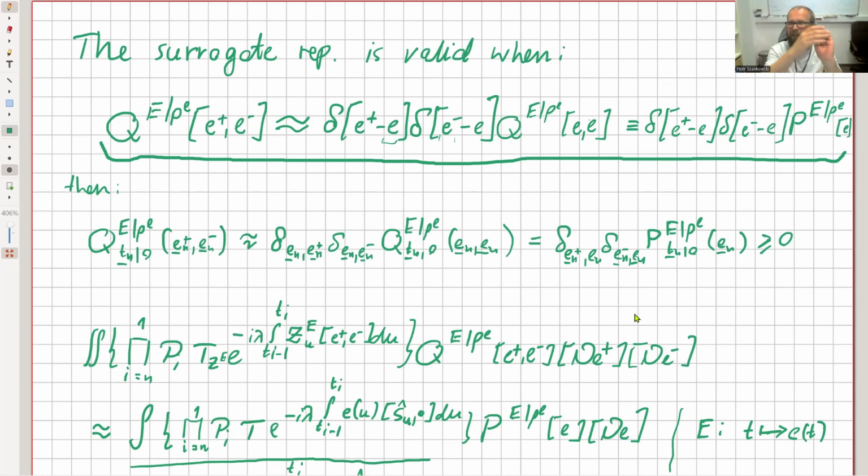You have your system S coupled to an environment, and the bi-trajectory distribution associated with the specific observable that system S is coupled to has to be such that it collapses into a uni-trajectory distribution, okay?